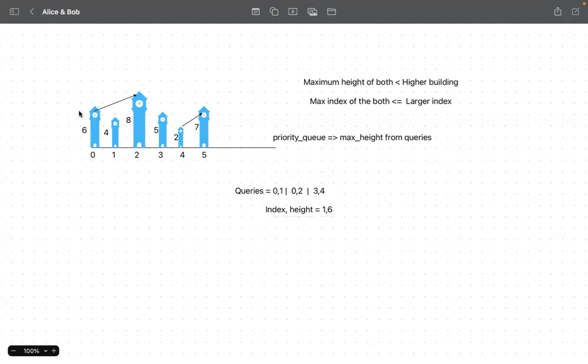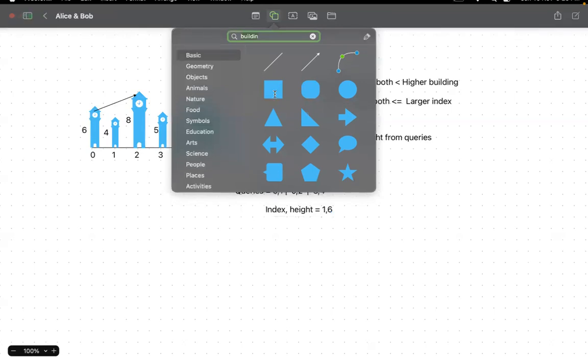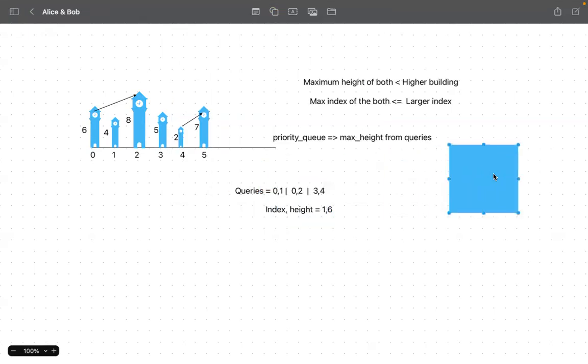You can see from these two, you have 6 as maximum height, and 1 as maximum index. So in the priority queue, you will have 6 as the maximum value with the query index 0. Okay, so the first query is there.